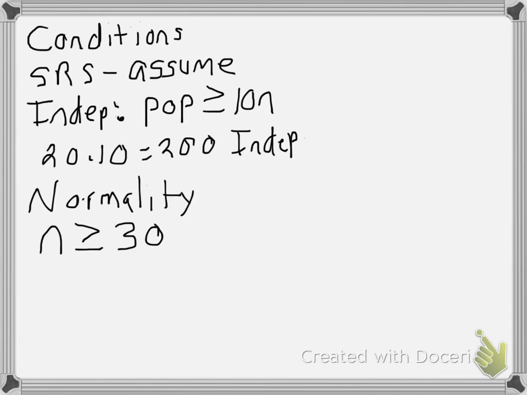Well, no. In this case, it's not. Our n is only 20. But look at what the directions say. It says for exercises 5 through 20, assume that all variables are approximately normally distributed. So even though our n is not greater than 30, because we are told that we can assume that they are, we can say that normality is given.